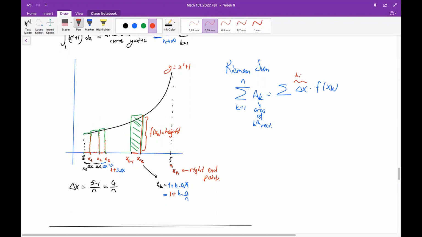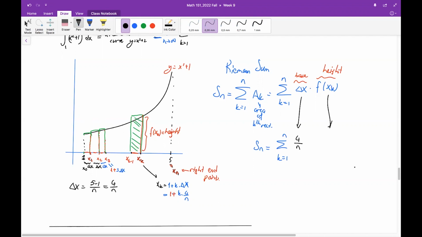K is from 1 to n. By the way, this Riemann sum can be denoted as Sn because it will depend on n eventually. So it is the sum for k from 1 to n, and delta x is computed here as 4 over n.